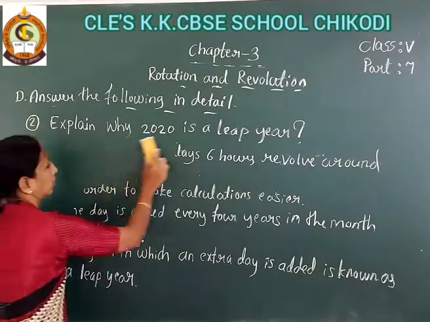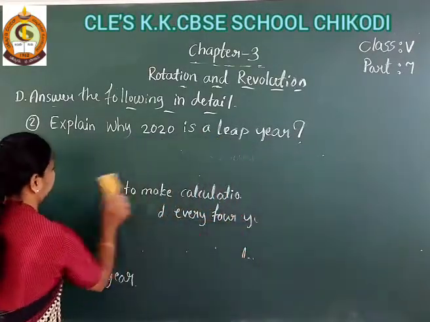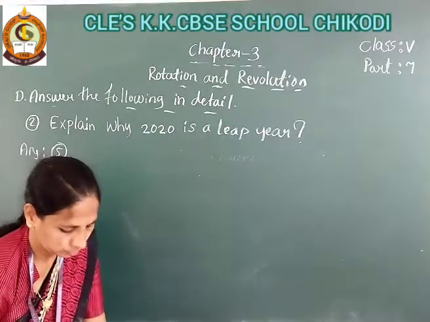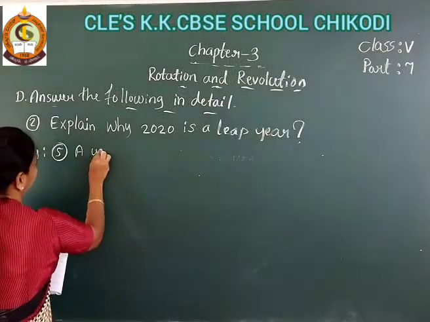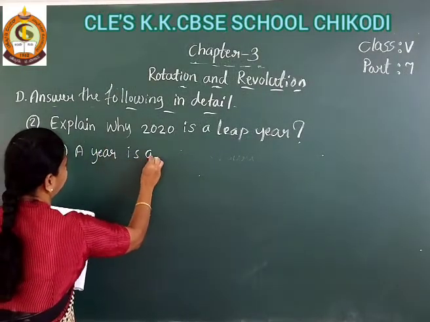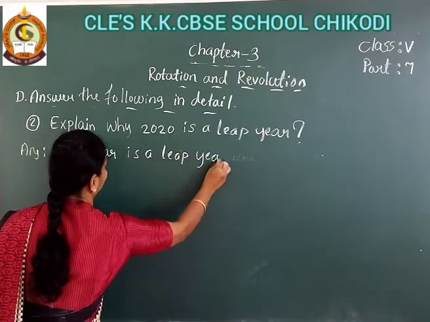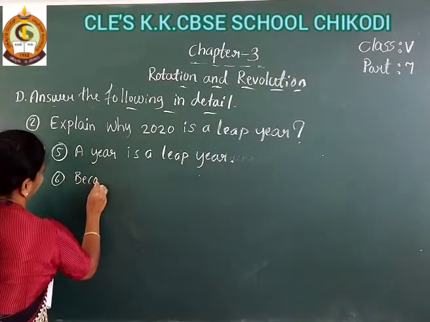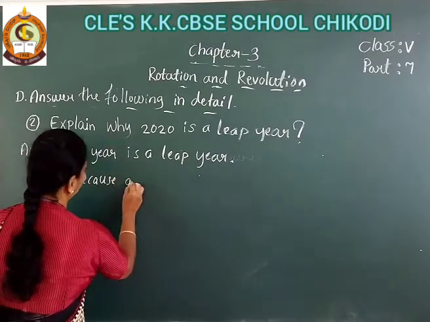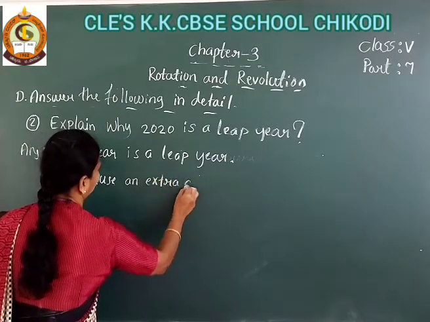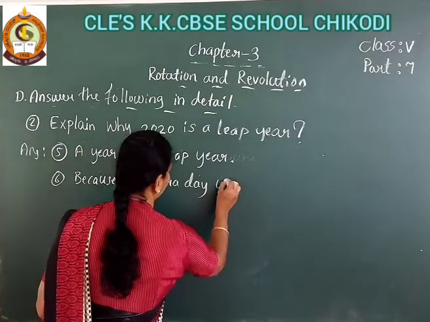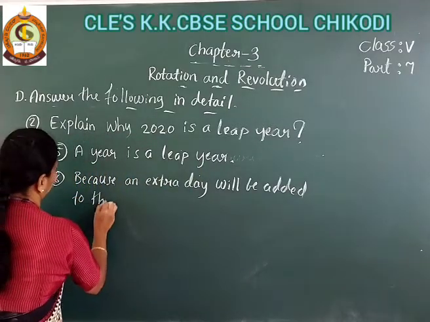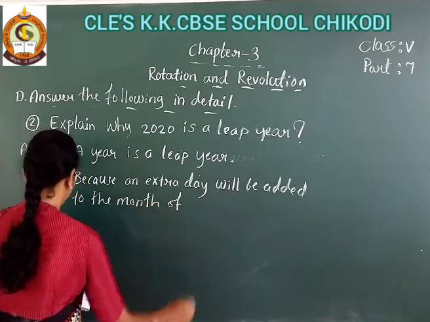Next point. Fifth point. A year is a leap year, and sixth point, because an extra day will be added to the month of February.